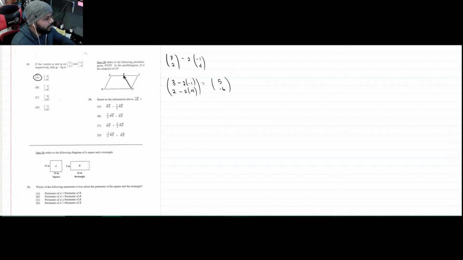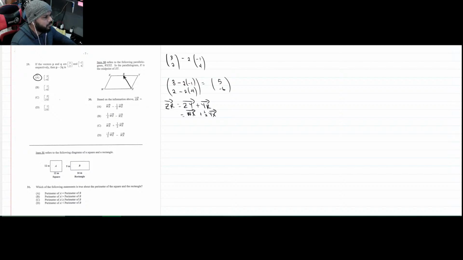ZR is ZY plus YR. ZY and WX are the same thing because they are parallel. They are the same vector. And YR is a half YX.